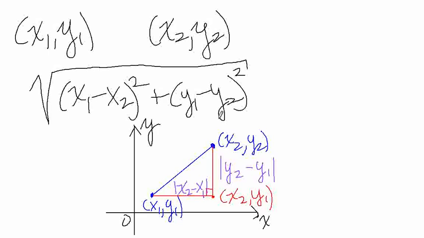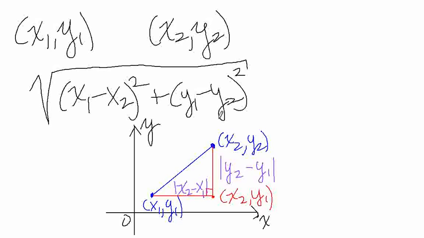Okay, so we have the lengths of the legs of this right triangle, and now we can find the length of the hypotenuse by using the Pythagorean theorem. If you use the Pythagorean theorem, then you will arrive at the distance formula. Okay? Now, you say, well, hold on, you had absolute value bars, but your distance formula doesn't have absolute value bars.